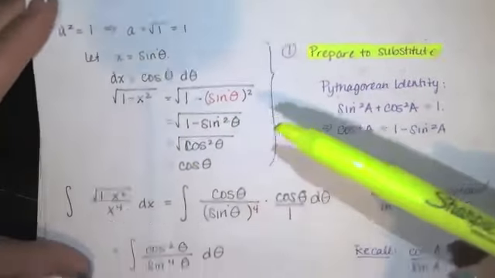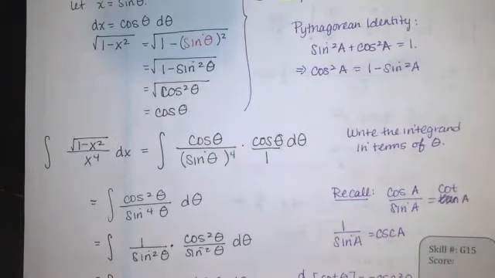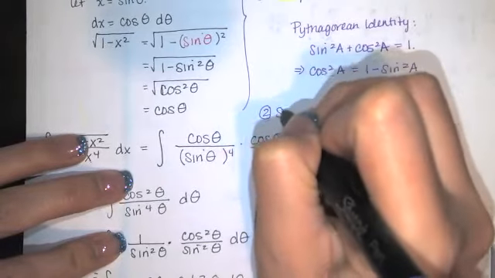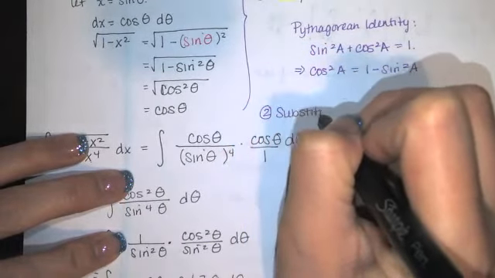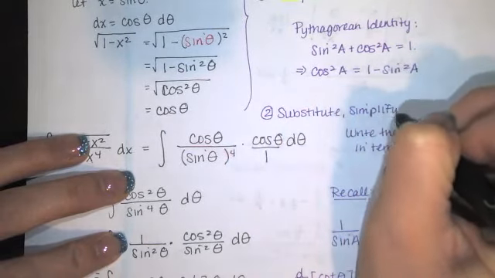After doing all of that, then we write the integral in terms of theta so that we can evaluate it. So what we called this step in class was substituting, simplifying, and anti-differentiating.